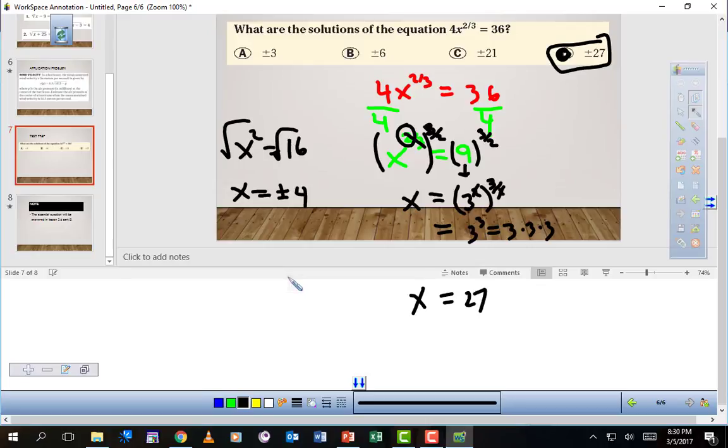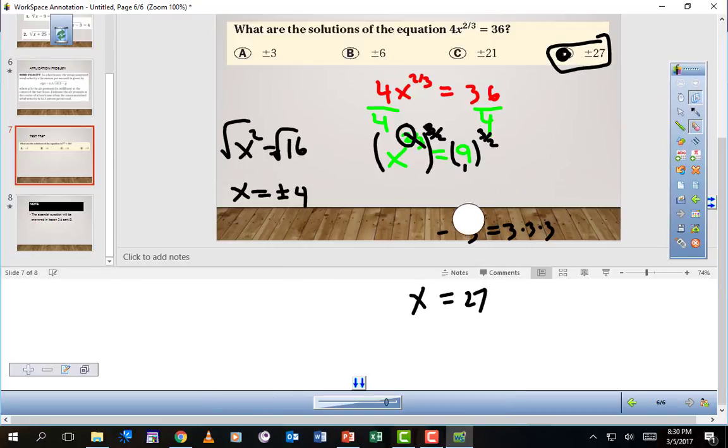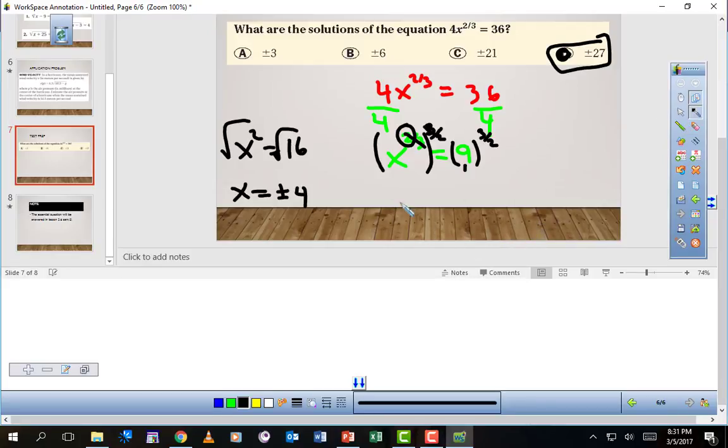The way you could see that, I could show you a little bit more in slow motion here. For example, if we had x to the 2/3 power equal to 9, what we could do is raise this to the 3rd power and raise this side to the 3rd power.